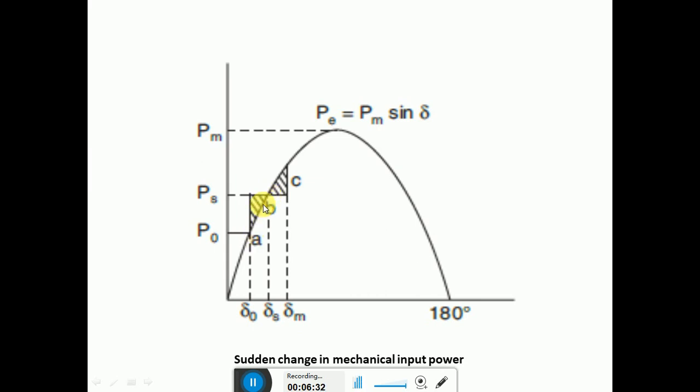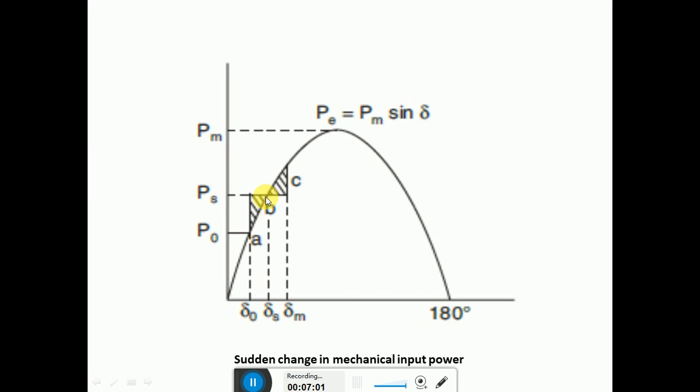Due to that acceleration, the machine load angle will increase. As delta increases, the electrical power output will increase. Suppose at this point these two powers again become equal, like PS equals PE.